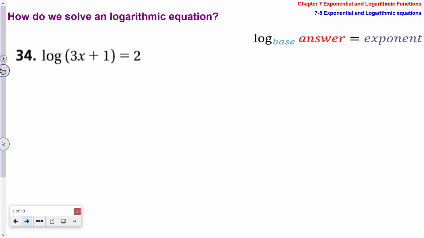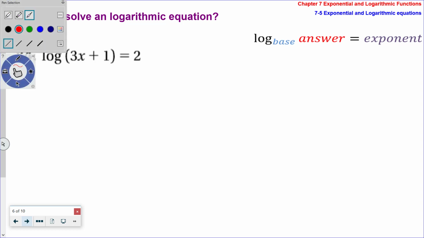This is a logarithmic equation because our variable, the x, is connected to the word log. In order to solve it, we have to rewrite it in exponential form first. Just a reminder, exponential form is base raised to the exponent equals answer.